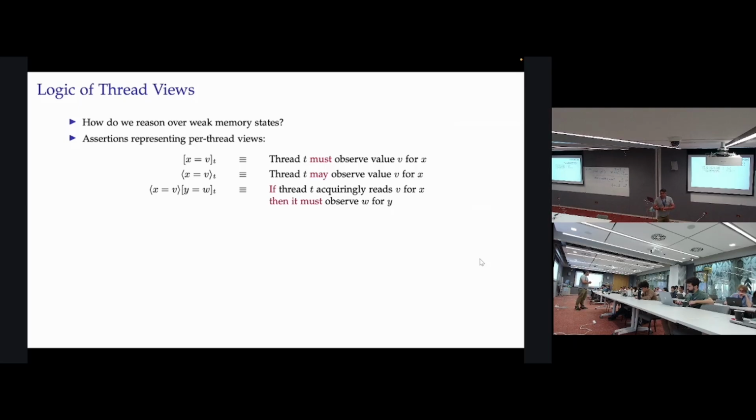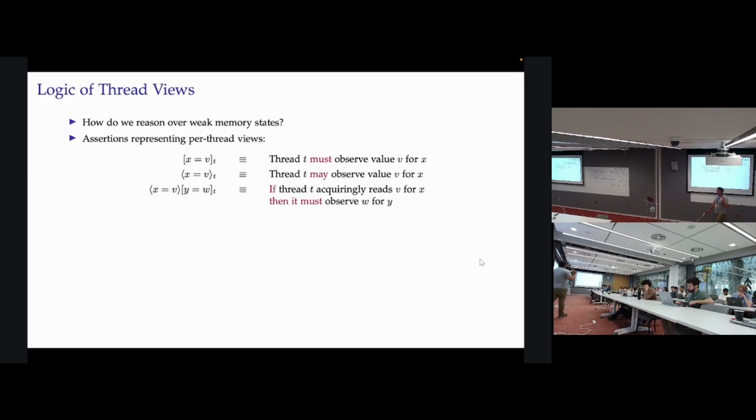I have all of that stuff, but I also now want to be able to talk about things like the view of a state, a view of a thread, or the view of a write, and so forth. Because I want predicates that tell me something about these components. And the writes are actually not even that important. It's these two components that really come into play.